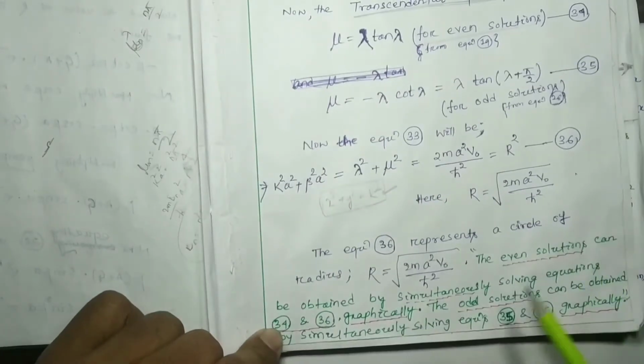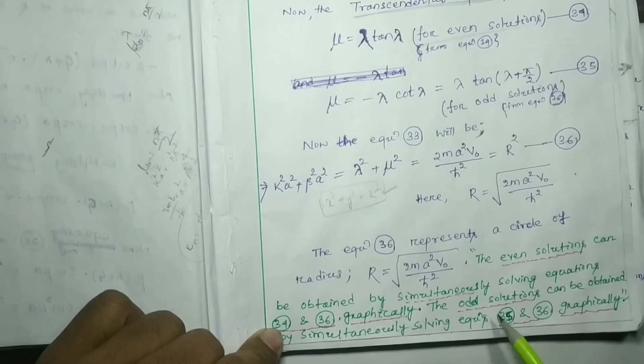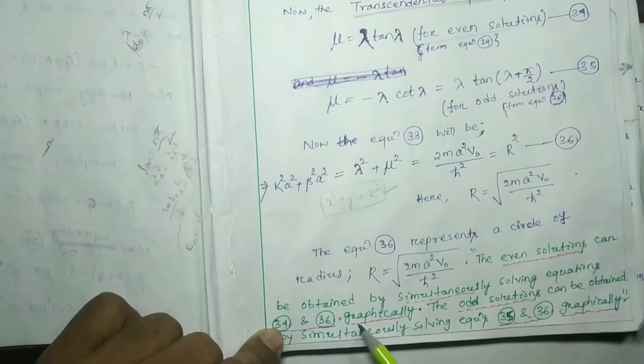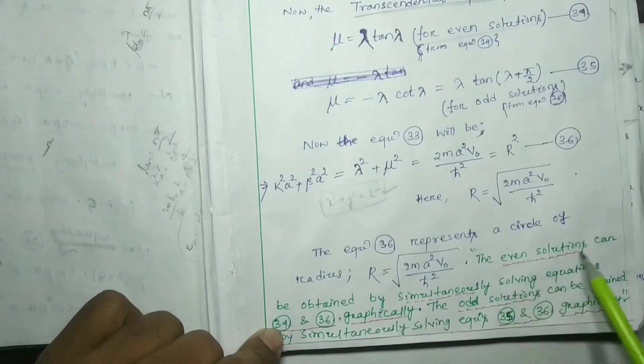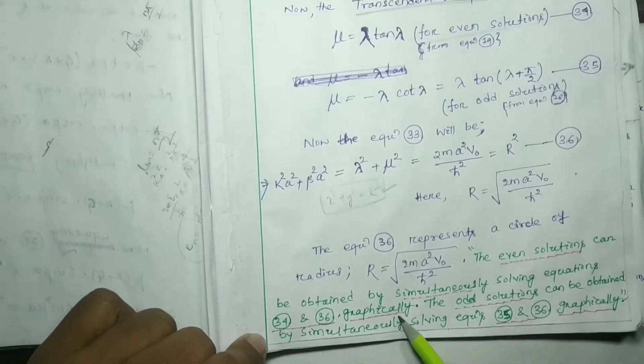We can find even solutions. That means the wave functions belong to even parity. That is graphically. That means even solutions can be obtained by simultaneously solving equations 34 and 36 graphically.